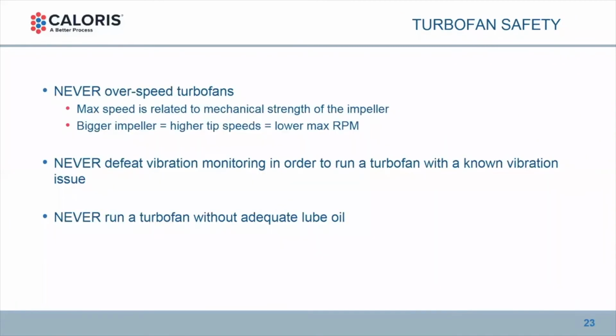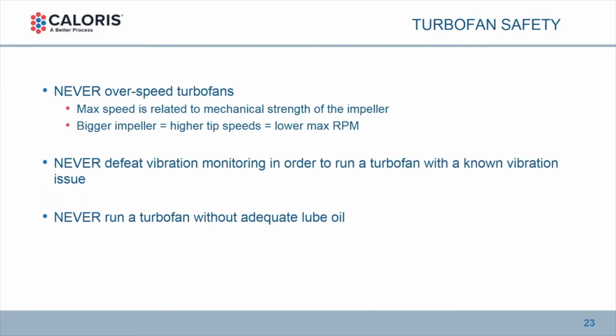A comment on turbofan safety. This is a spinning, I want to say high-speed device. It's 3,600 RPM typically, sometimes lower as the wheel size gets bigger. You never want to overspeed a turbofan beyond its design criteria.